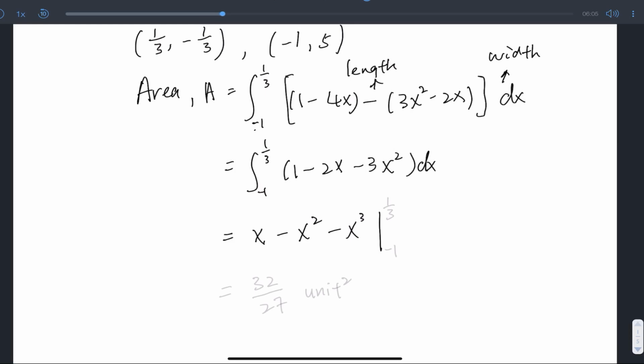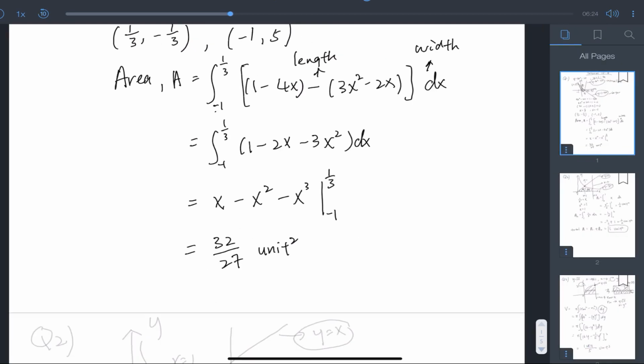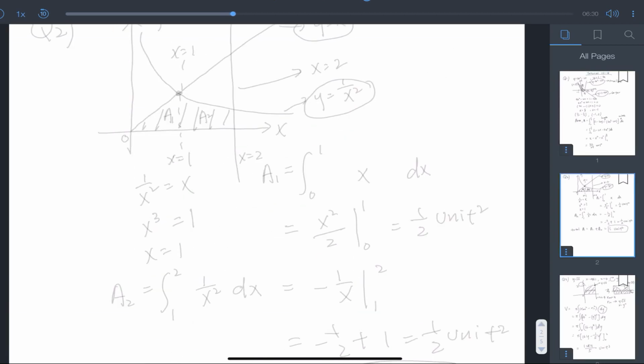Calculate from the range negative 1 to 1 over 3, and the answer is 32 over 27. If the question doesn't give you a unit, you can just put unit square. Okay, so this is the solution for the first question in tutorial 10.